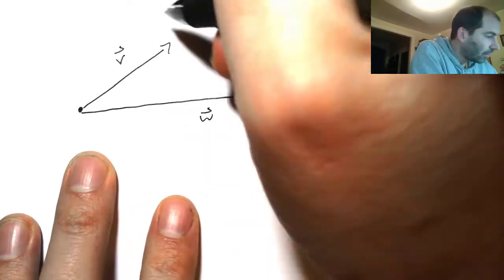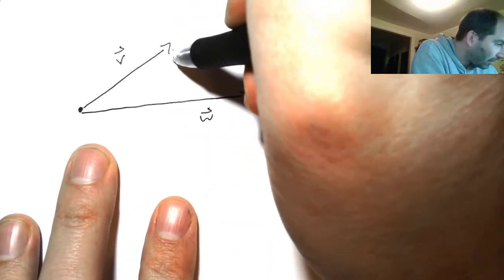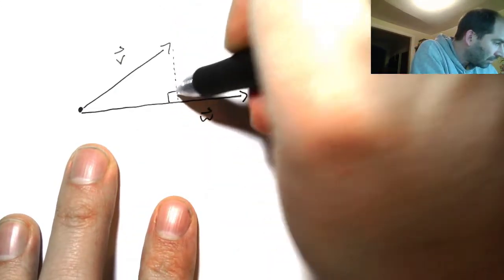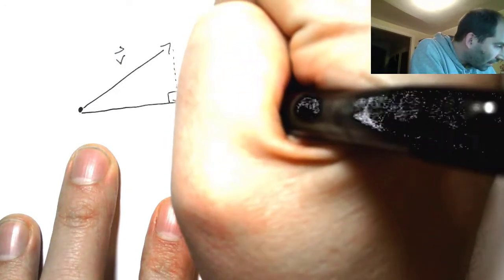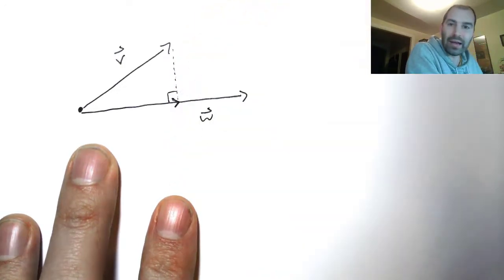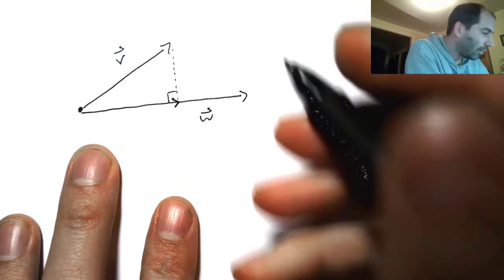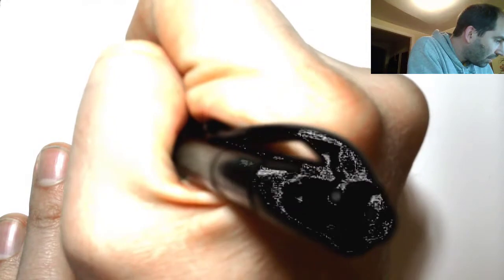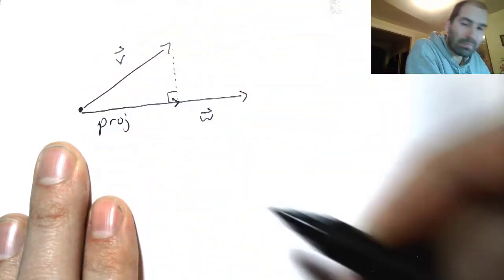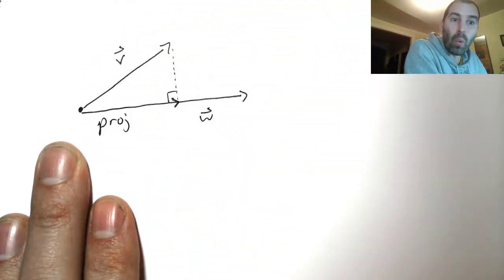In other words, I'm going to drop a perpendicular, and I want to find this vector right here. How much of v is pointing in the direction of w? That's what I'm after. That vector is called the projection, P-R-O-J. What am I projecting?